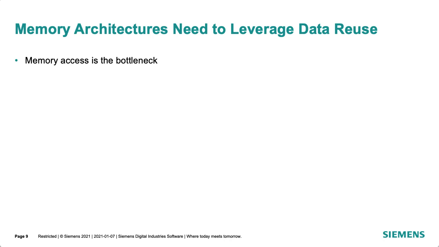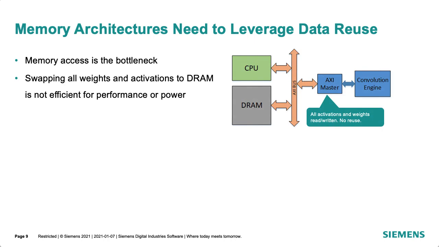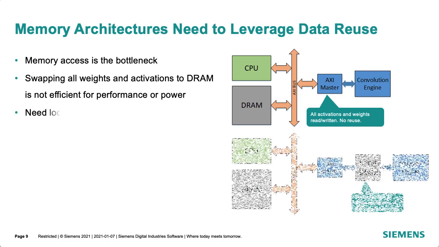One of the keys to designing an efficient memory architecture is being able to leverage data reuse in order to improve memory bandwidth as well as lower power. Memory accesses are usually the performance bottleneck when building machine learning hardware. Swapping all of the weights and activations to system memory is not going to be efficient for performance or for power.